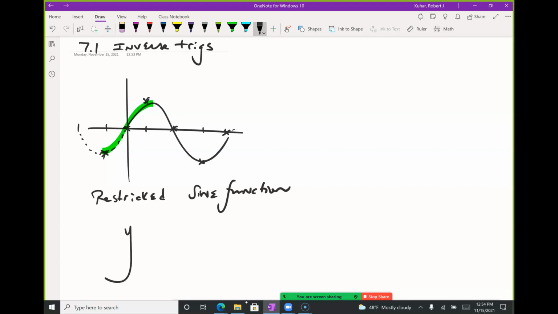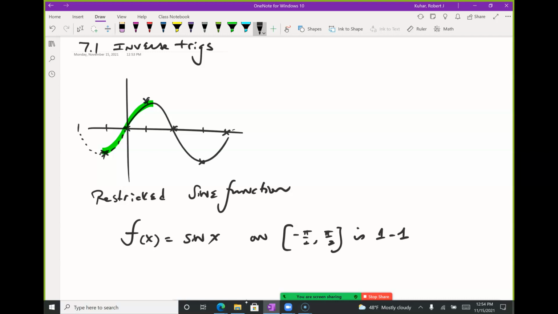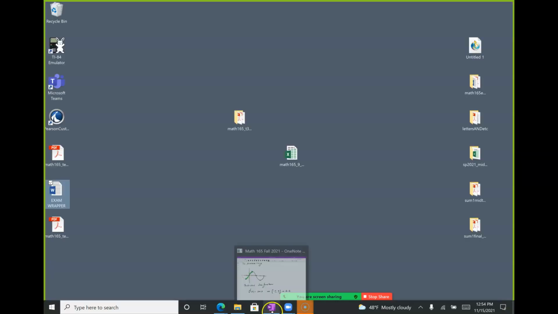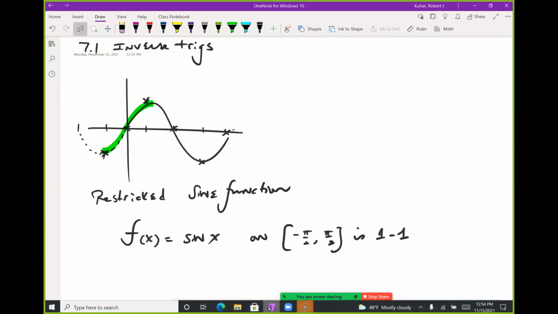So now our f of x equals sine of x on minus pi over 2 to pi over 2 is one-to-one, right? With a range of minus 1 to 1.